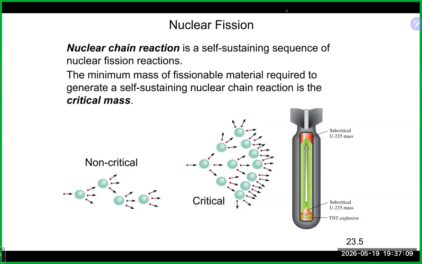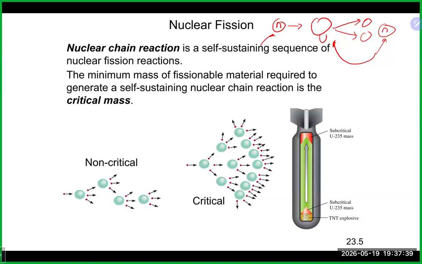To kick it off, you shoot a neutron at something like uranium, and that splits it into new nuclei, and you produce a bunch of neutrons and energy. Since a neutron kicks off this reaction and you're producing a bunch of neutrons, that's not going to stop them from coming back around and continuing this process over and over.